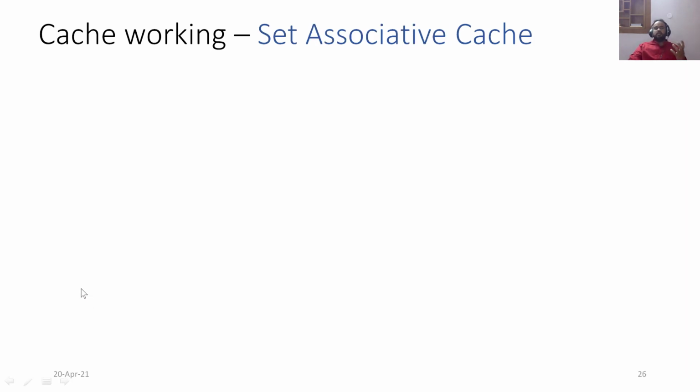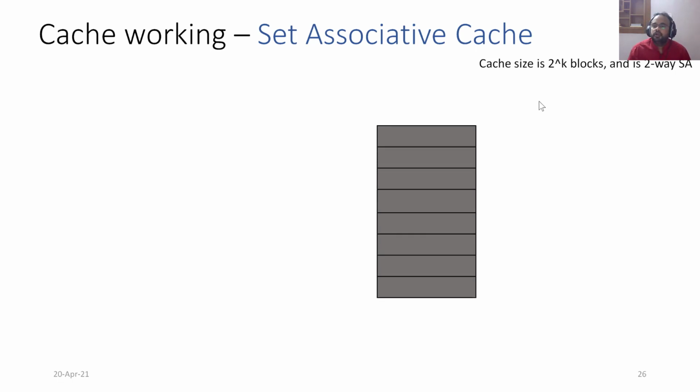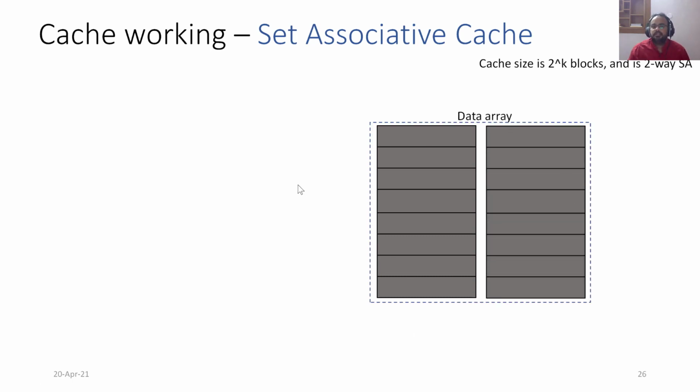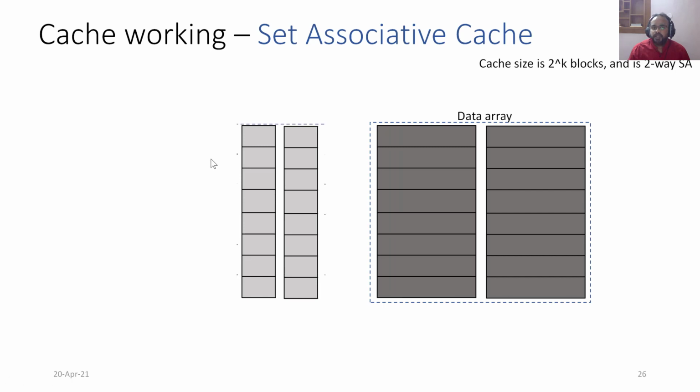Now let's look at the working of set associative cache. So let's consider this same cache size, which is 2 power k blocks, and let's say it is two-way. Now what it means is we have two data arrays and two tag arrays, or let's call them together a data array and tag array, right?